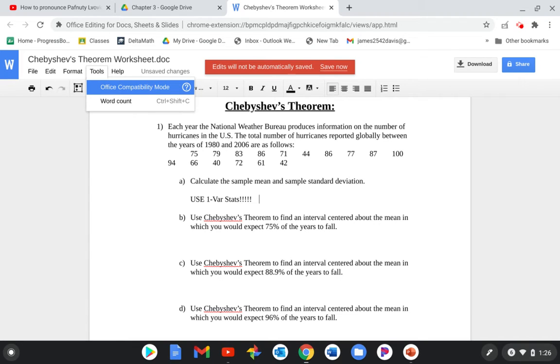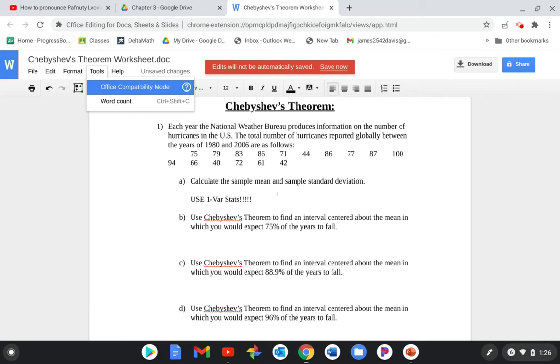You type all the numbers into list 1. Make sure you typed in the same number of numbers that are up there. You then hit stat, go over to calc, and then hit enter on 1var stats. Make sure the list matches list 1 or whatever list you typed it in. Frequency list should just be empty there, and then just go down to calculate.